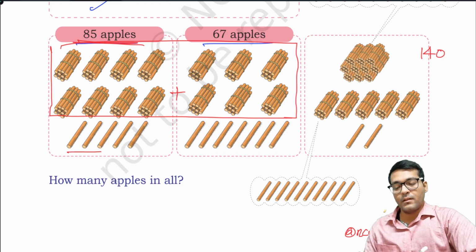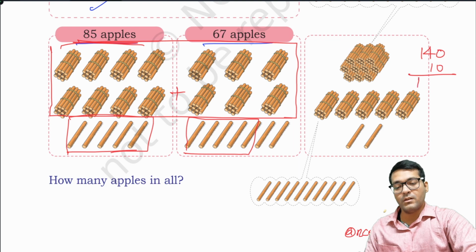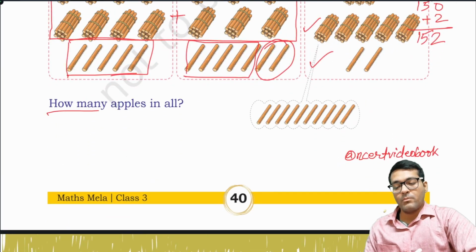Then 5 here and 5 from this will give you 10, that is 150, and 2 are remaining. So 152, 150 and 2. How many apples in all? That is 152.